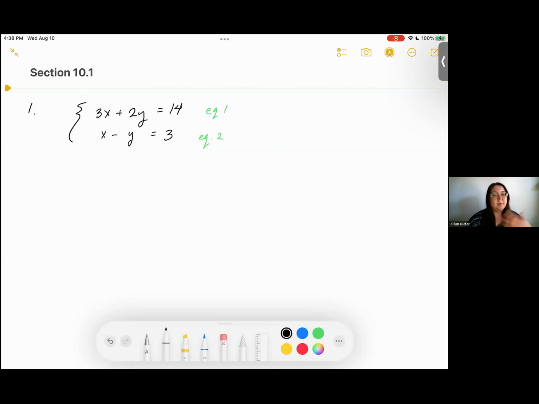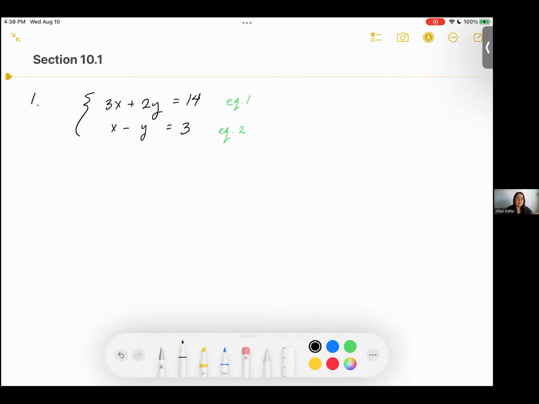All right, so here's our problem again. We've got that 3x plus 2y is equal to 14, and x minus y is equal to 3. We've labeled that top equation equation 1, and the bottom equation equation 2. So in this case, we'll be able to tell which one we're talking about. But all right, so since we have both of these equations here, we're going to go through each method.